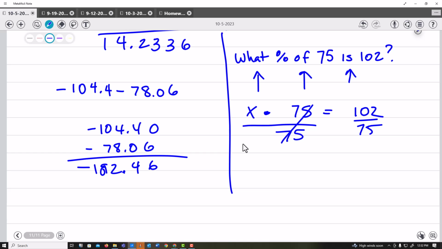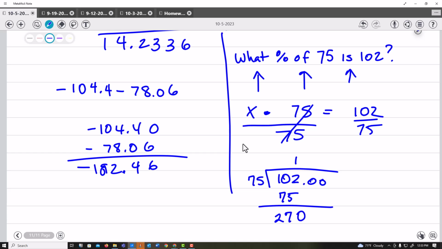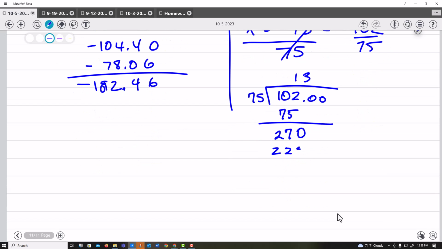If I say 75 into 102, probably going to need some zeros here. I think that's only going to go 1 time, which would be 75. And 102 minus 75 is going to give you 27, and bring down that 0. And I believe 75 will go in 3 times, because 75 times 3 is 225. Then 270 minus 225.